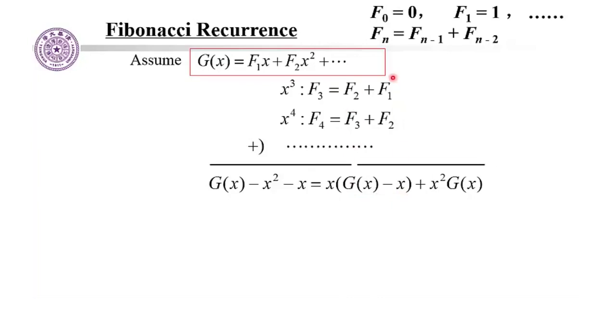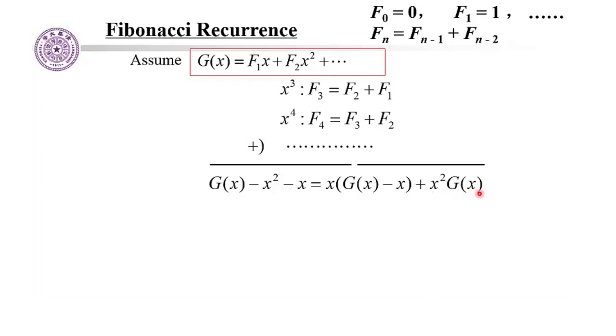What about the second part? The second part becomes f1 times x to the third power, f2 times x to the fourth power, and so forth. Compared with the original g(x), it has x squared multiplied. So the second part is x squared times g(x).